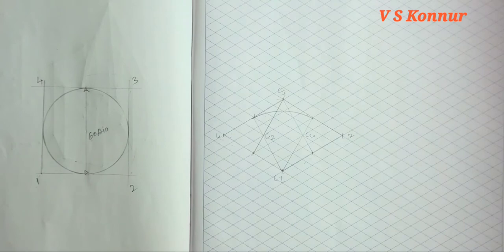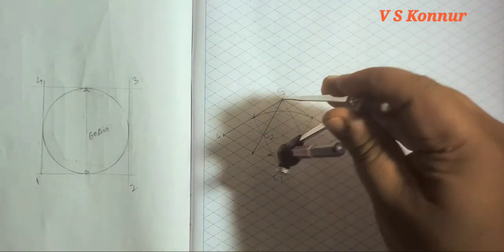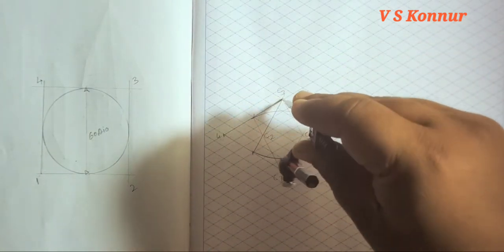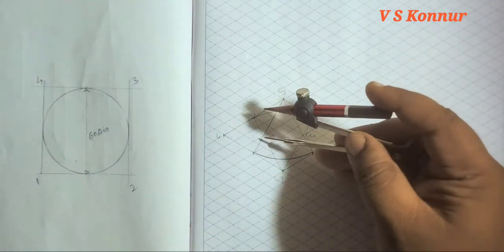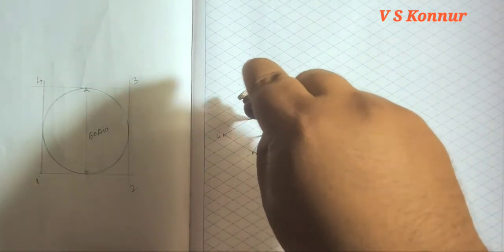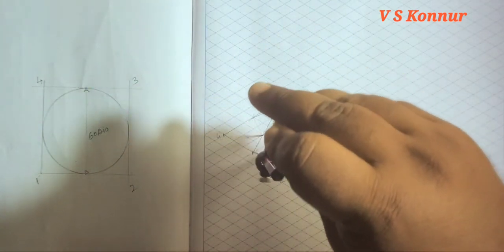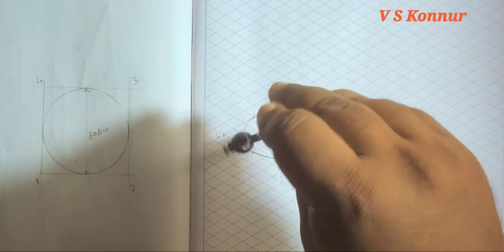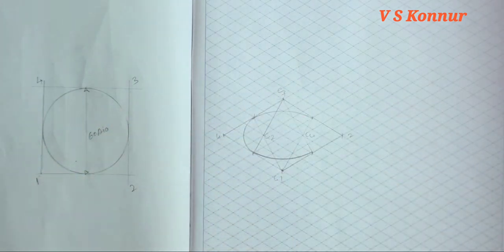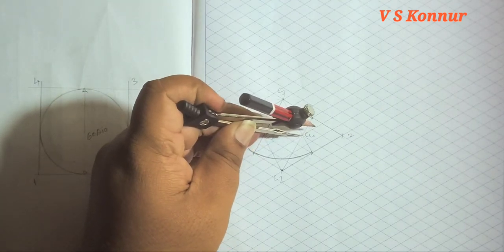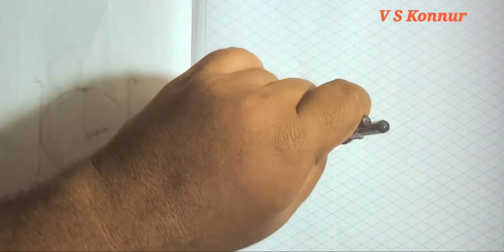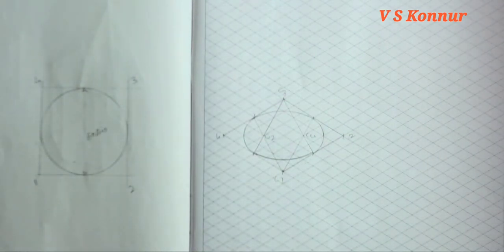In the same way, opposite, with C3 as center, draw the arc, and then C2 as center, you can draw the arc here, and then C4 as center, you can also draw the arc. So this is how you have to draw the circle. It looks like an ellipse in the isometric view.